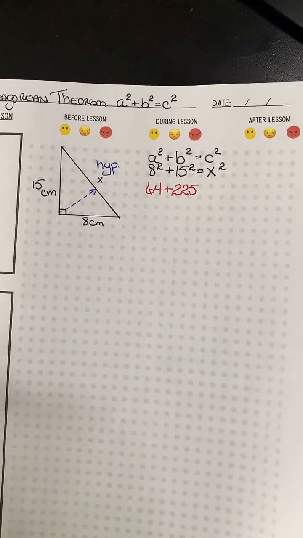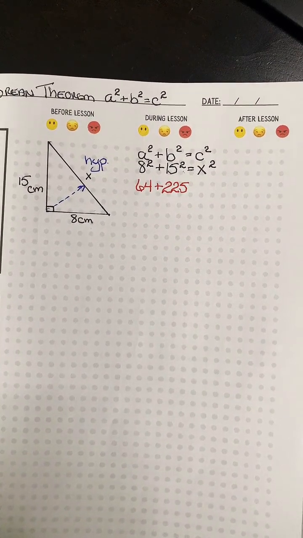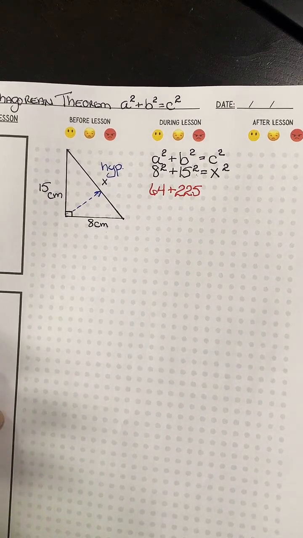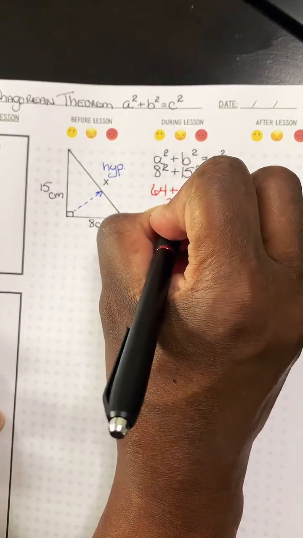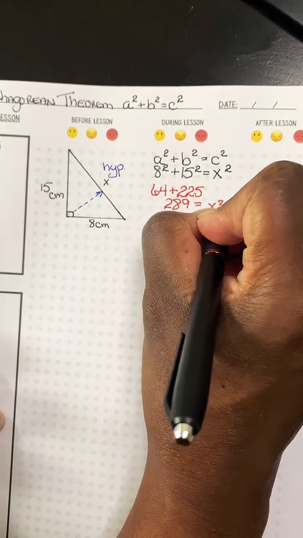I almost forgot, that's how much work I've been doing. All right, so you have your 225 and then you have your 64. That gives you 289. So I've got my 289, and that's going to equal my x squared.